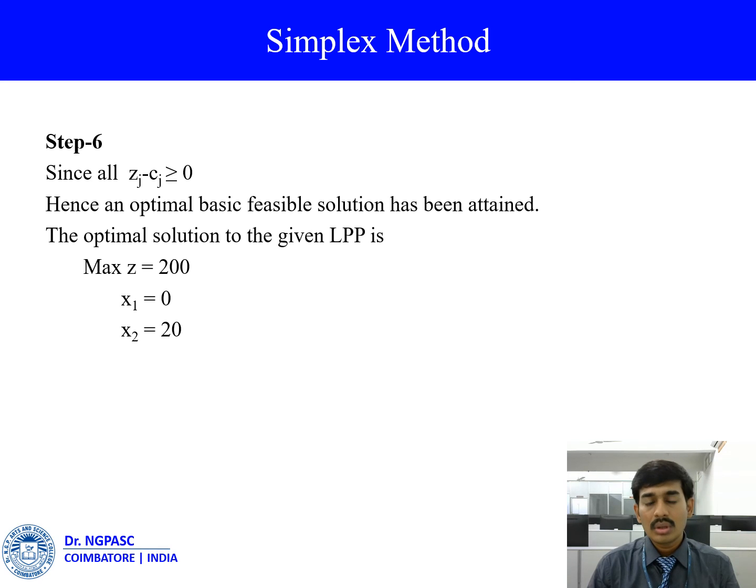Then x1 equals 0, from the xb value, and x2 equals 20. S2 leaves the table and x2 enters the basis, so the basic solution is x2 equal to 20. So this is the optimal solution of the given LPP: maximum z equals 200, x1 equals 0, x2 equals 20.